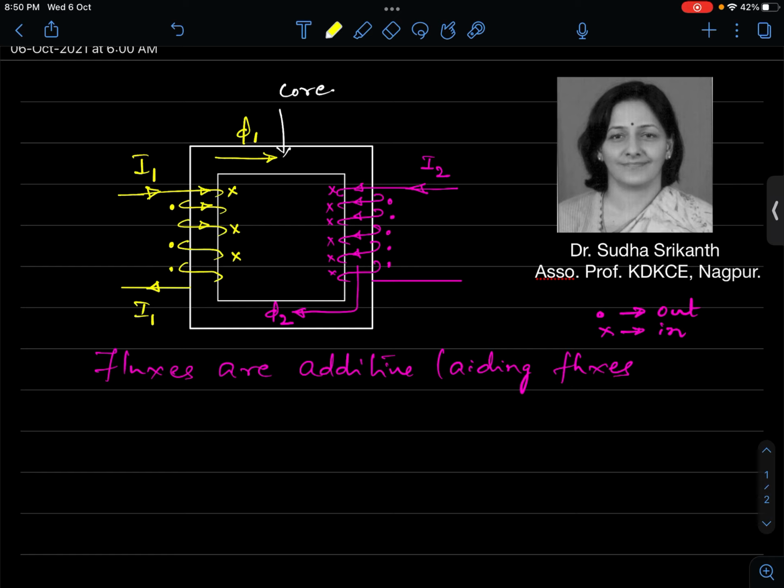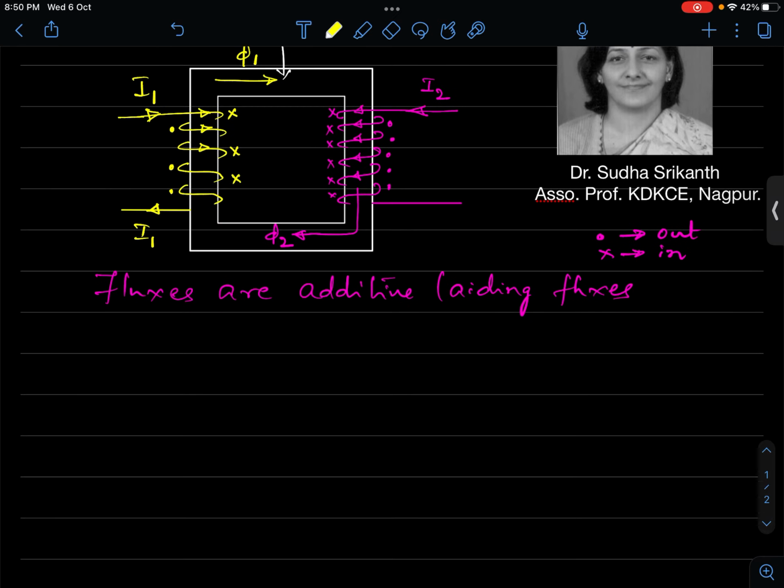Normally the direction in which the windings have been placed on the magnetic core is not shown. Instead, we represent it by what we call dot conventions. We will come to that later. We will now see how the fluxes are subtractive, like opposing fluxes.